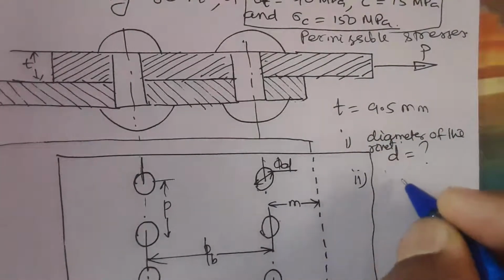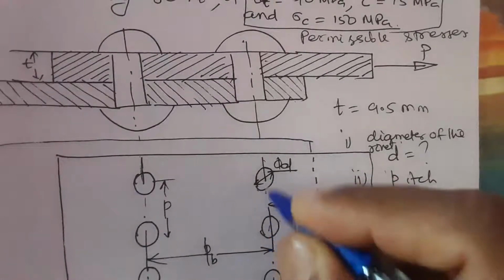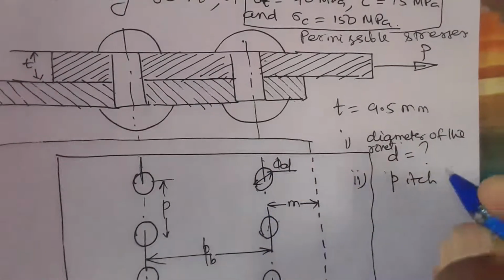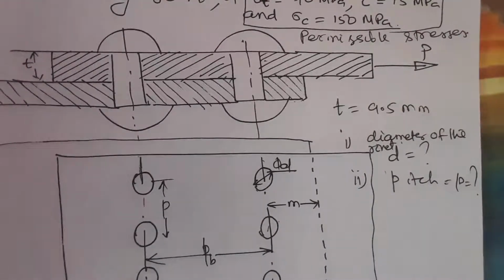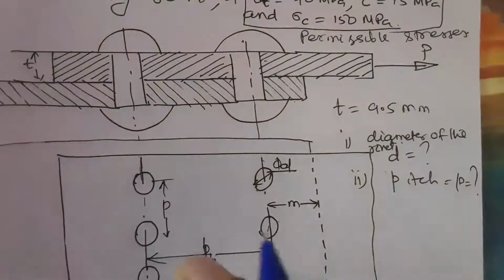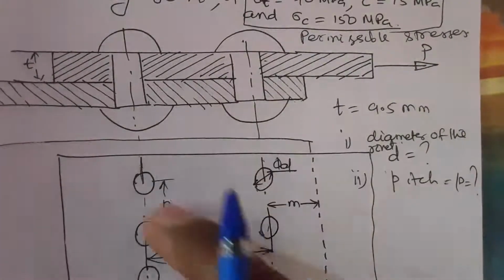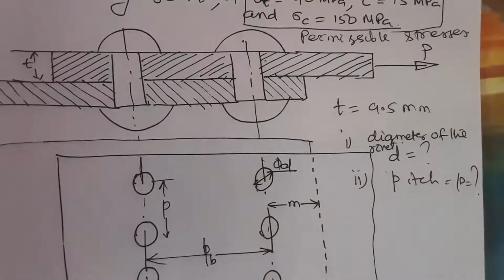Second, we have to know what the pitch should be, that is, how far two consecutive rivets should be placed. We should also know whether it is zigzag or chain riveting. It is actually chain riveting, as shown in the figure.